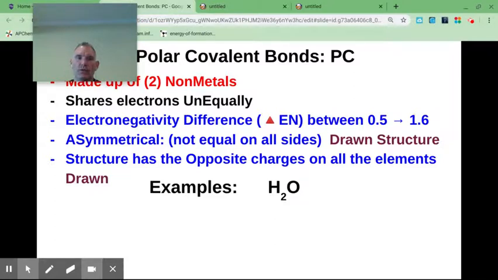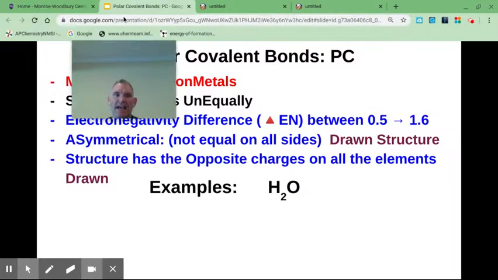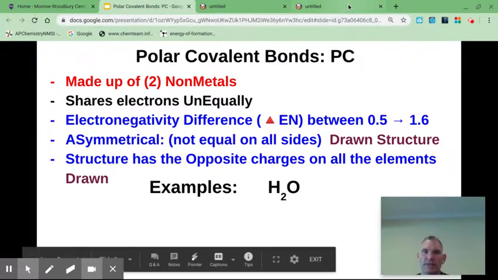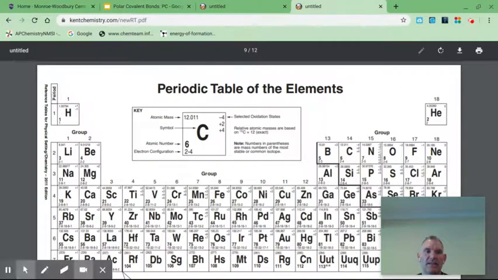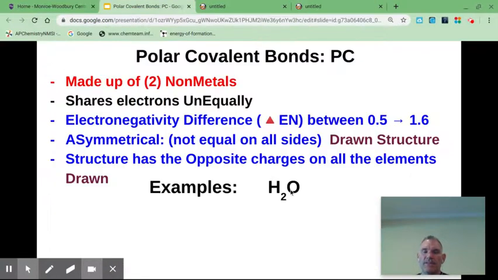By now, you should know water is always polar, but we're going to prove that in our analysis. First, going to my periodic table, remember that hydrogen is top left. Remember, that's a nonmetal, reacting with oxygen, which is a nonmetal. So I have two nonmetals.